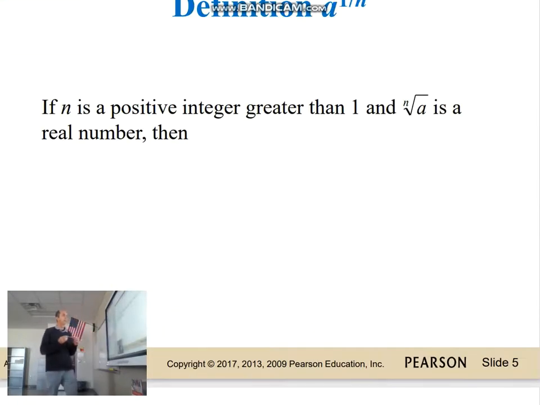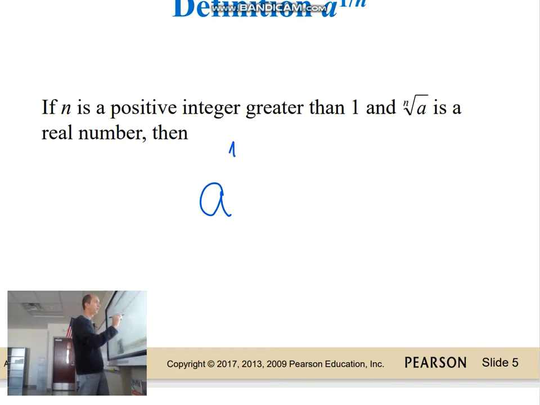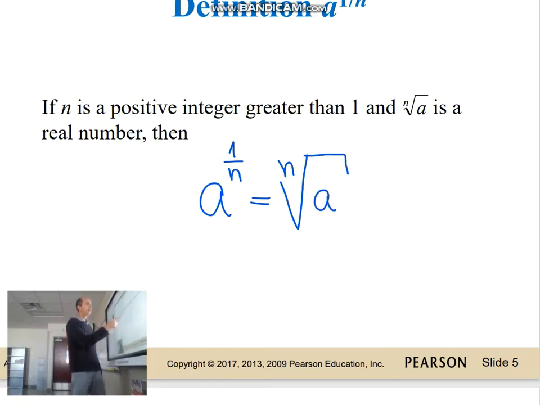If n is a positive integer greater than 1, and the nth root of A is a real number, then you can write A exponent 1 over n equals the nth root of A, right? When you have an exponent like this, with the 1 over n, it is the same thing as the nth root of A.